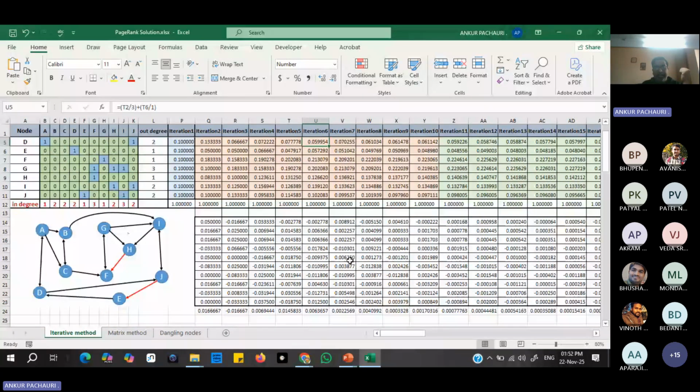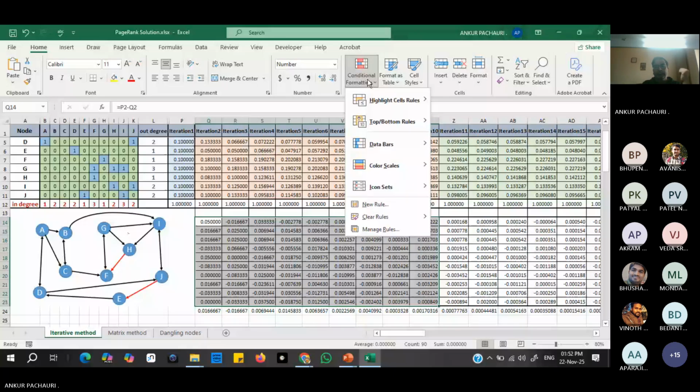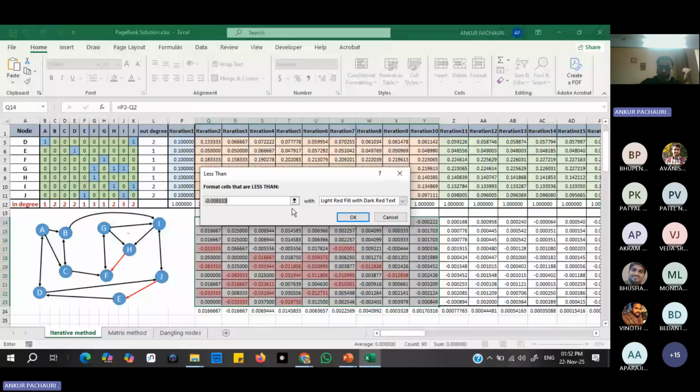So if our termination criteria is that all the values are lesser than 0.005 in absolute value, does the absolute function work over here? Okay, 0.005.